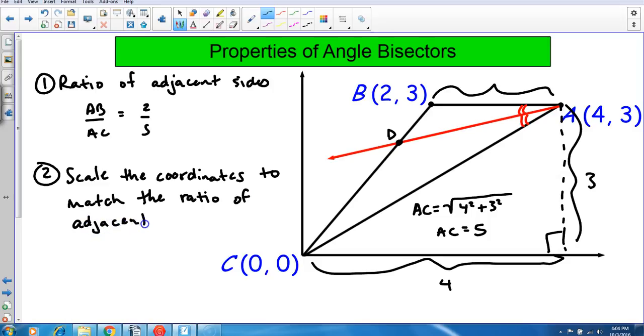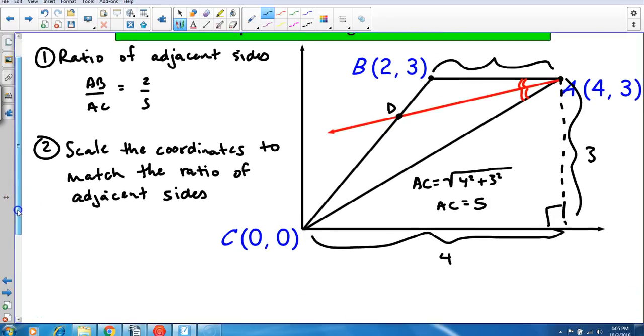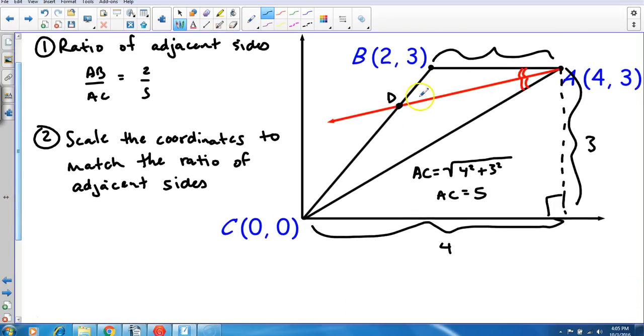So let me say that again. We're going to scale the coordinates, or scale the side here, so that it matches the ratio of my adjacent sides in order to find the coordinates of this point of intersection of my angle bisector through these opposite sides.